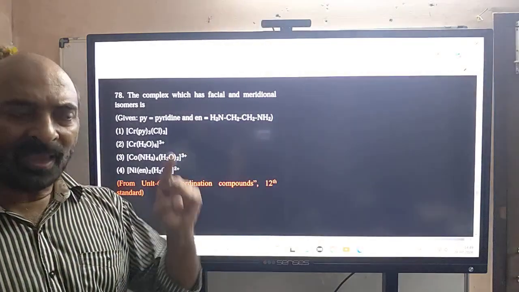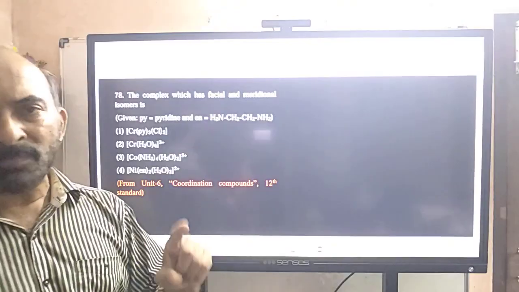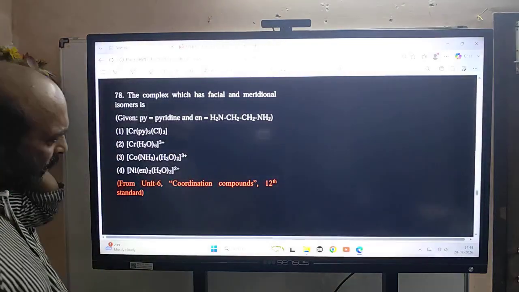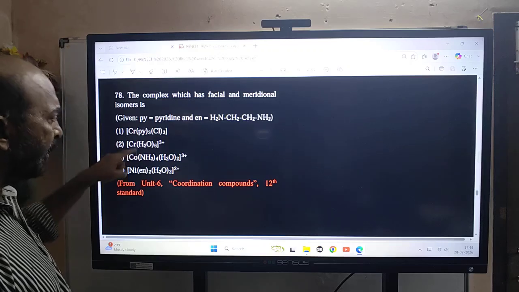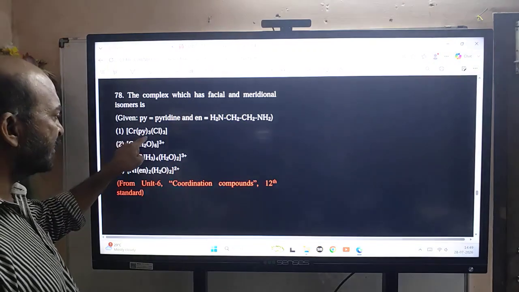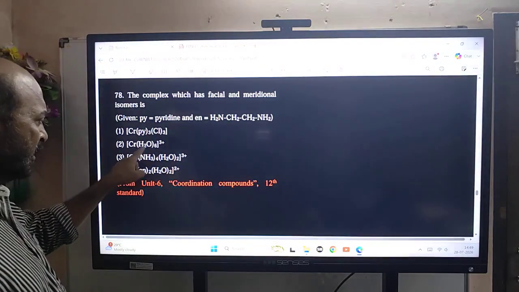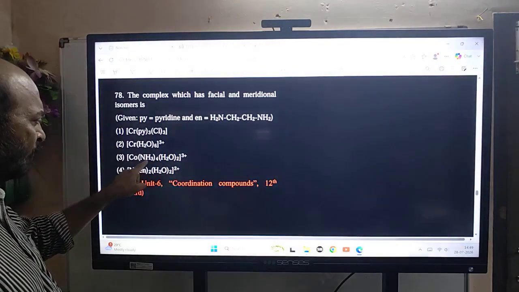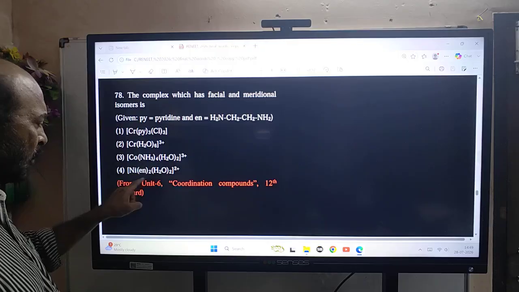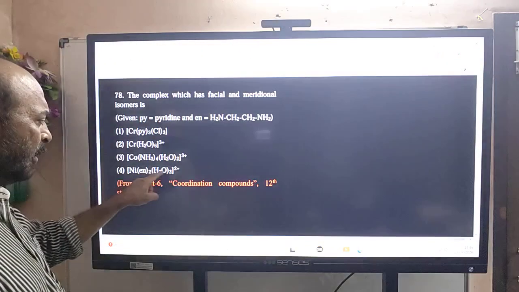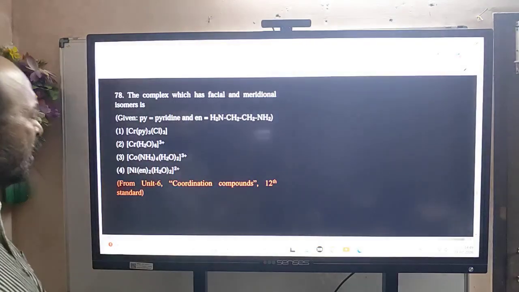It is shown by MA3B3 type octahedral complexes. See, evidently Cr pyridine 3 times chlorine 3, not others. Here all are water molecules. Here 4 are ammonia, 2 are water molecules. Here 2 are ethylenediamine bidentate ligands and 2 are water molecules.